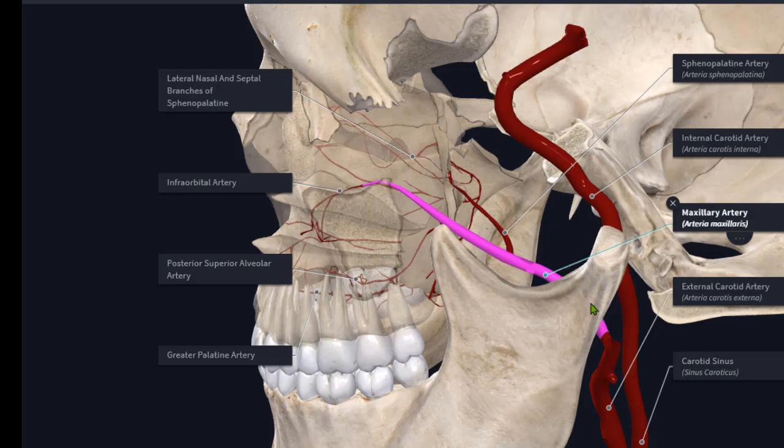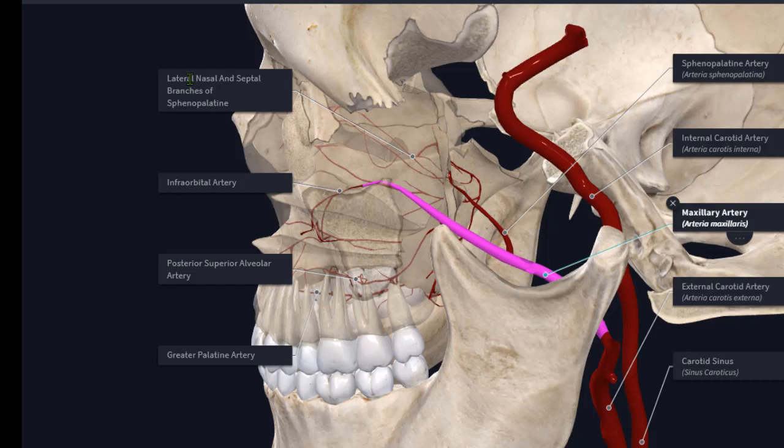The first part is lateral to the lateral pterygoid. The third part, that is the pterygopalatine part, is medial to the lateral pterygoid, and in between the lateral and medial border of the lateral pterygoid muscle, this part is the second part of the maxillary artery.